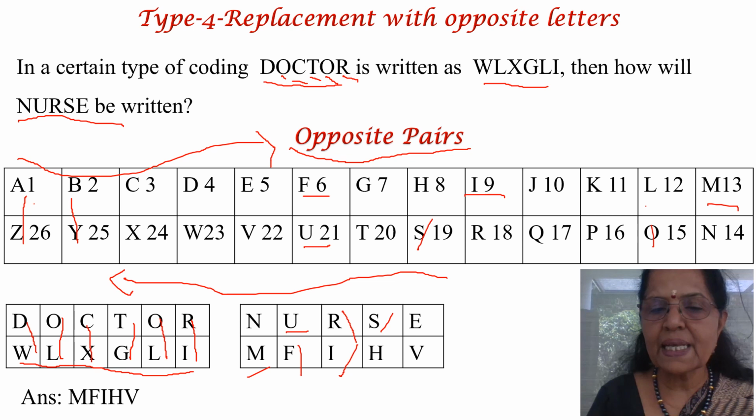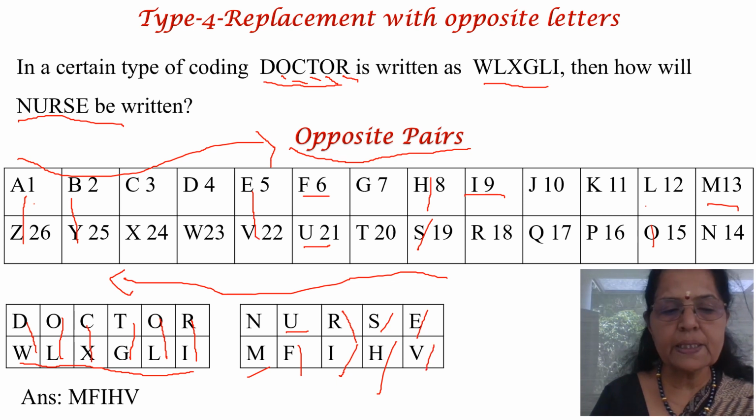Opposite of S is H. Write H here. What is the opposite of E? Remember, E is 5. Opposite of E is V. Bring V here. So the answer is M F I H V. Nurse is written as M F I H V.